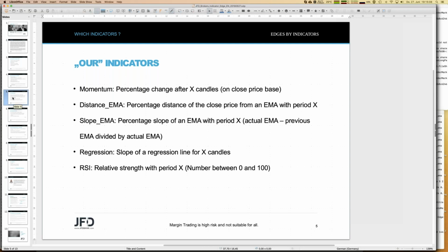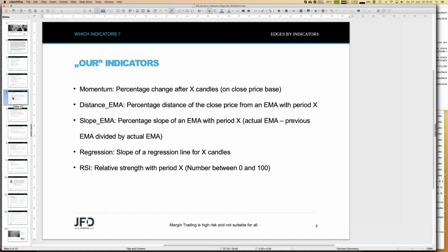The next two are related to an EMA. The first one is distance EMA. That's how I call it, and it's really easy to define. We have an EMA. Once again, we have a close of an H1 candle. Then there's, of course, a value for the EMA for a given period.